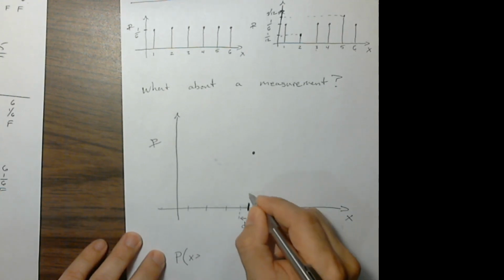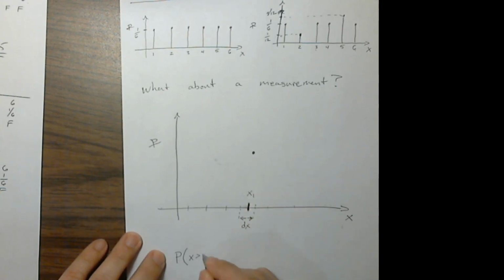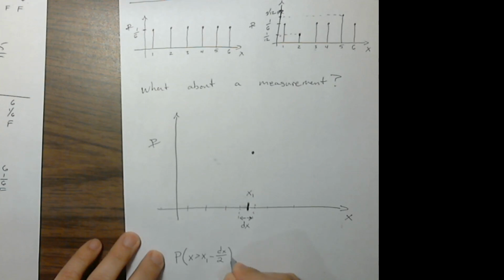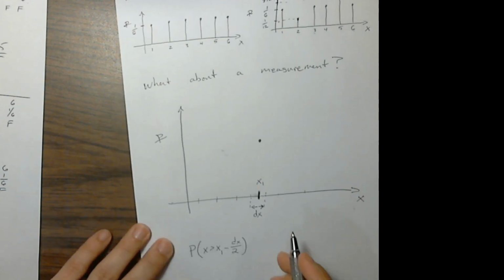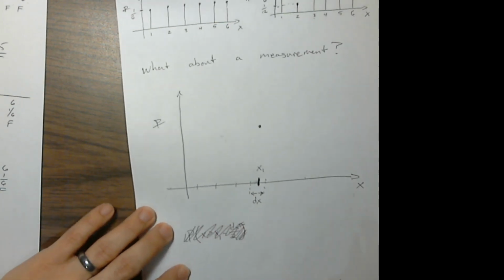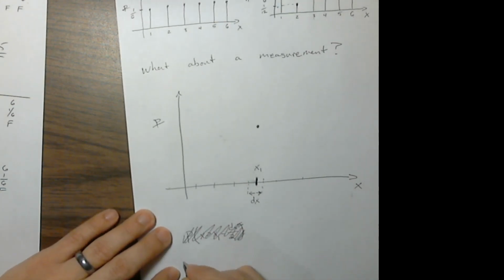I need a name for this. I'm going to call this x1. Oops. Well, I just made a hash of that, didn't I? Silly me. Sorry, let me try that again. What is the probability that x is greater than x1 minus dx over 2?